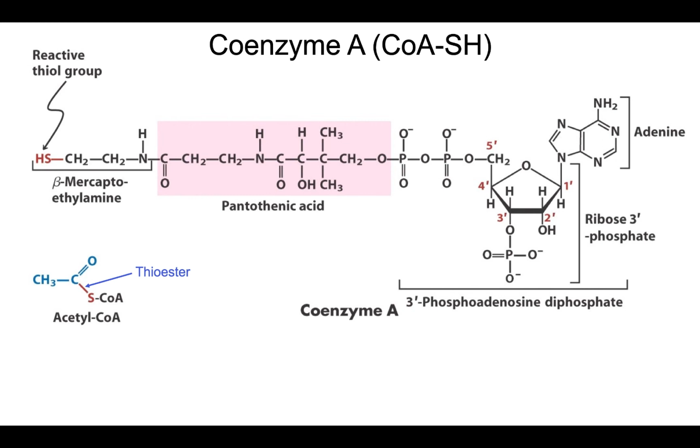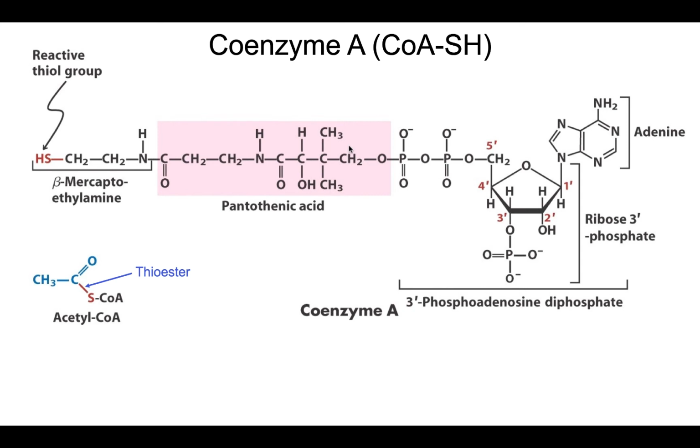What we have here is this big molecule, and then attached to it this pantothenic acid, and then we have this portion here, mercaptoethylamine, and it's right here, this sulfhydryl group. So all of this is structural. None of this is really functional.